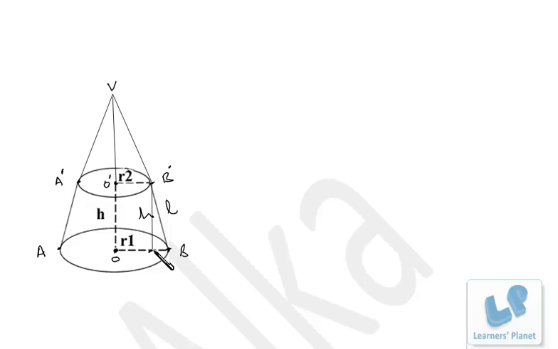From this point to this point it is R2, right? So this length, from this point to this point, will be R1 minus R2, this total length minus this length. Okay, I assume this point to be suppose L.